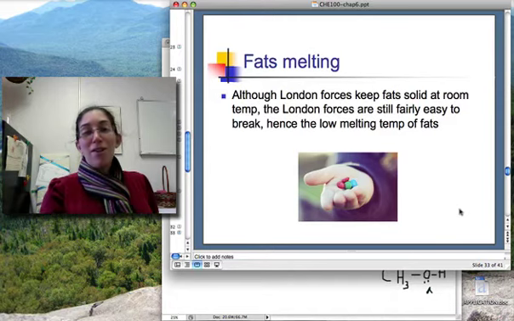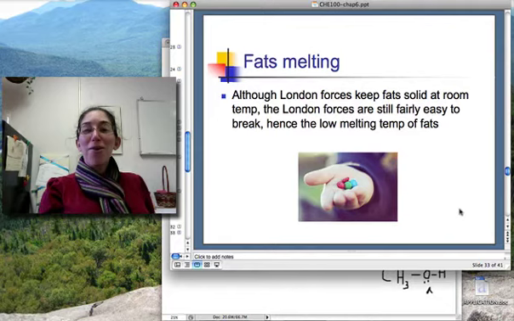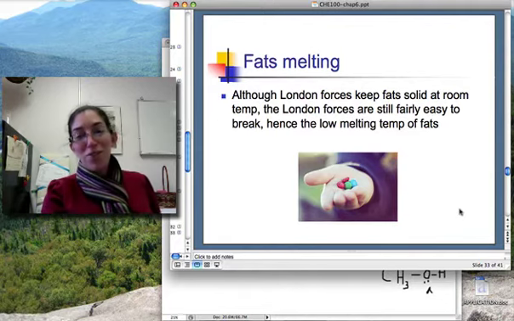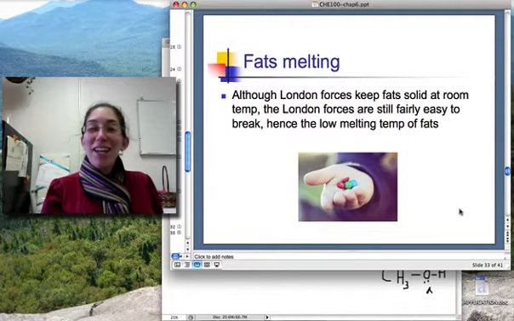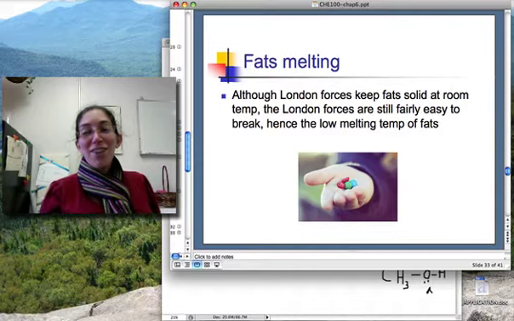But as we all know, M&Ms, what is it? They melt in your mouth, not in your hand. Except that's not really true. They will melt in your hand. Fats melt in your hand.